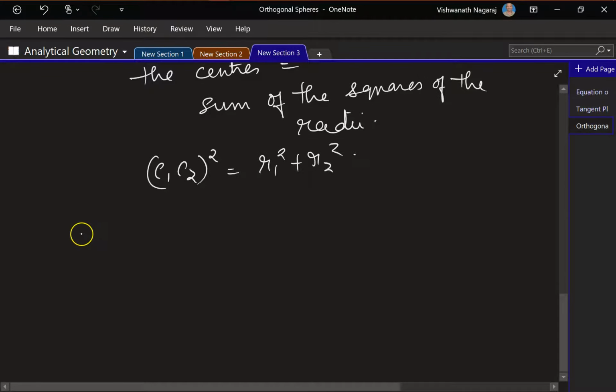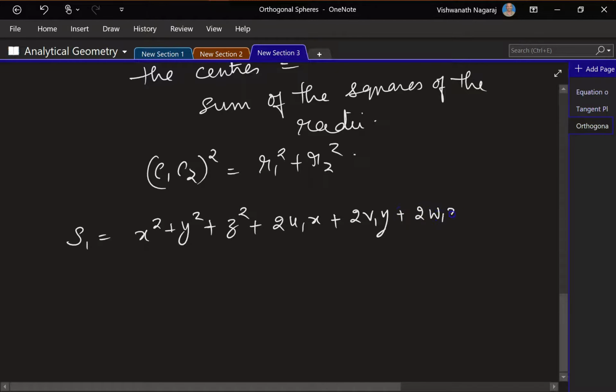Okay, now let's actually try to figure out the condition for two spheres to be orthogonal. So let's say we have two spheres, S1 equal to x square plus y square plus z square plus 2u1x plus 2v1y plus 2w1z plus d1 equal to 0.